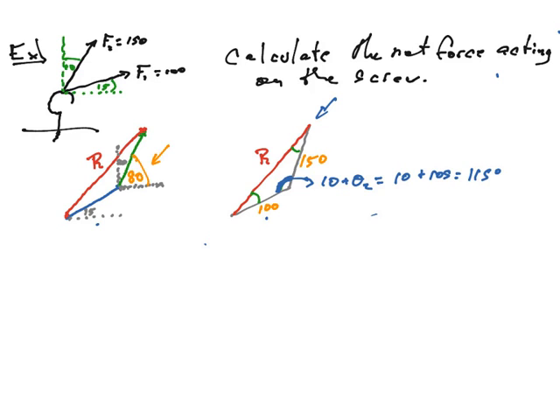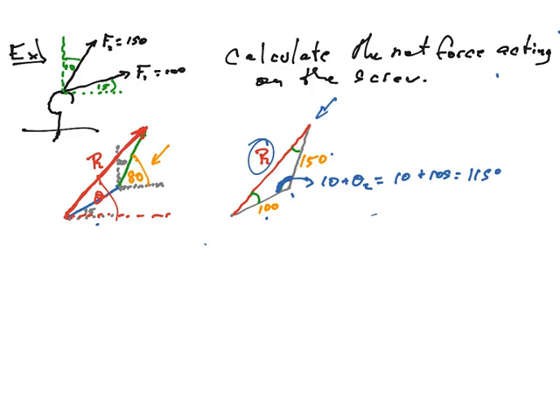We have this side, we have this side, and we have this angle here. What am I looking for? I want this R, and I also want the angle. Well, the angle, of course, if this is my R vector, then the angle I want is the angle with respect to the positive x-axis. So I want this theta.